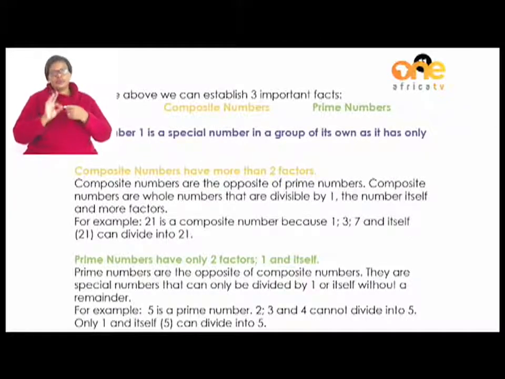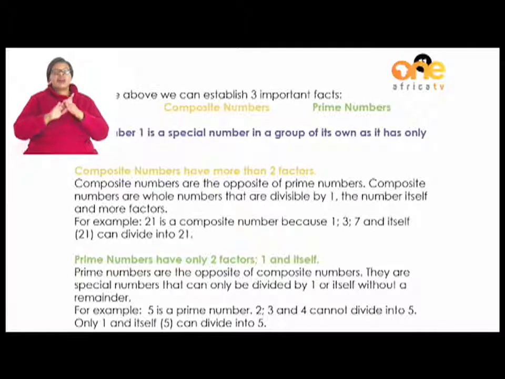It says there that the number 1 is a special number in a group of its own, and it has only 1 factor. This number 1 has created a lot of controversy because a lot of learners say it's a prime number. Some say, no, it's not a prime number. We will look into that.